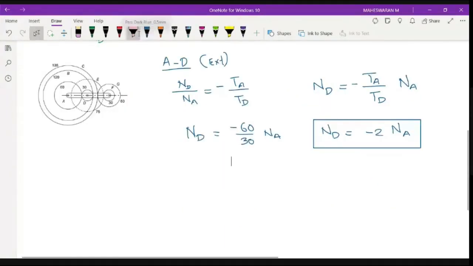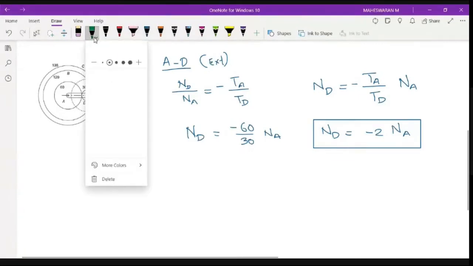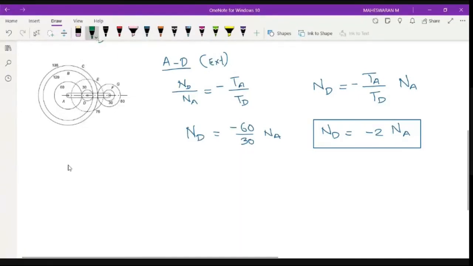Right. The next step is the connection between D and B. How is D and B connected, internal or external? Internally. Internal.